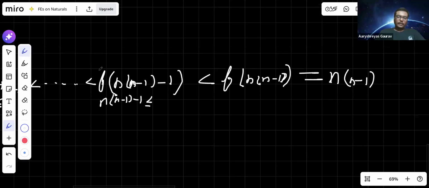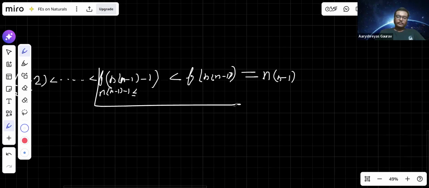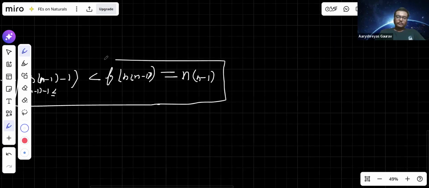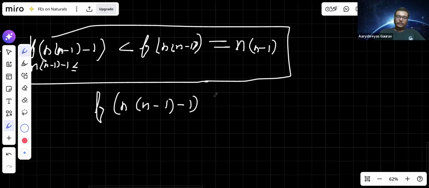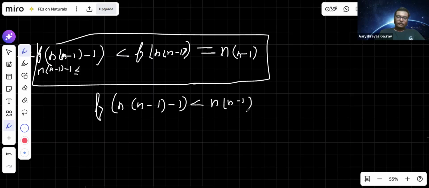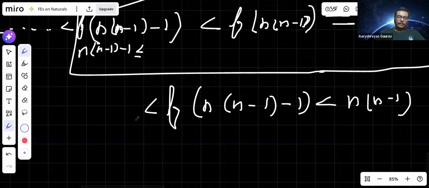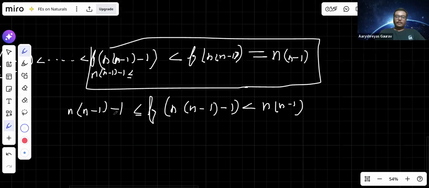Okay, now let's just focus on this thing. You can definitely see that here f of n times n minus 1 minus 1 is less than n times n minus 1, and also greater than or equal to n times n minus 1 minus 1.